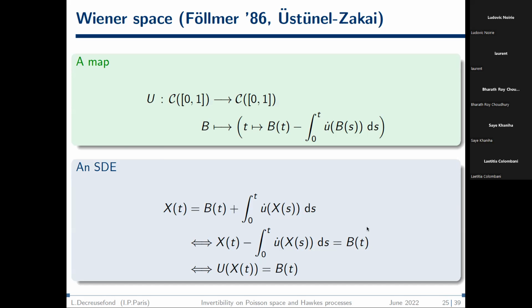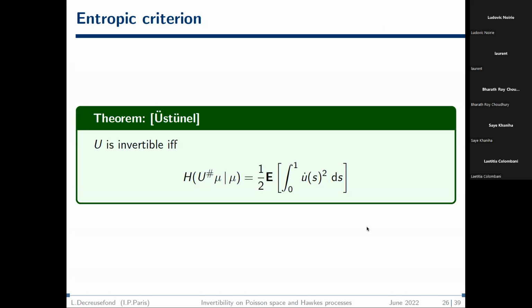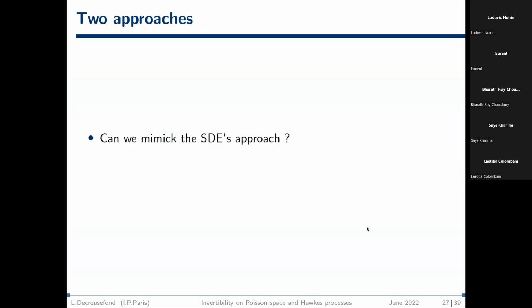And you have a criterion from Üstünel, an entropic criterion, which says that the map U before is invertible if and only if you have this kind of thing. This is the entropy of the image measure by U of the linear measure mu. So it should be equal to that. I will go back to that later.